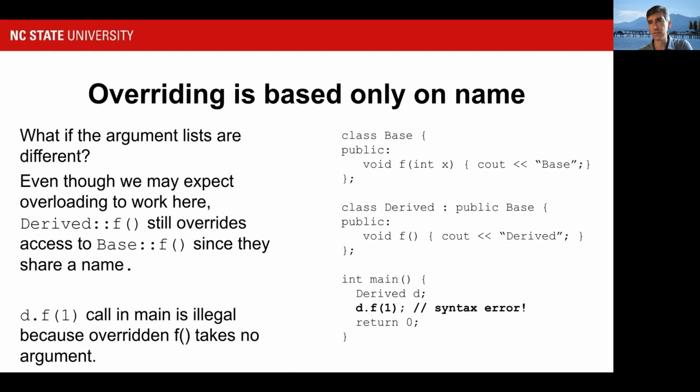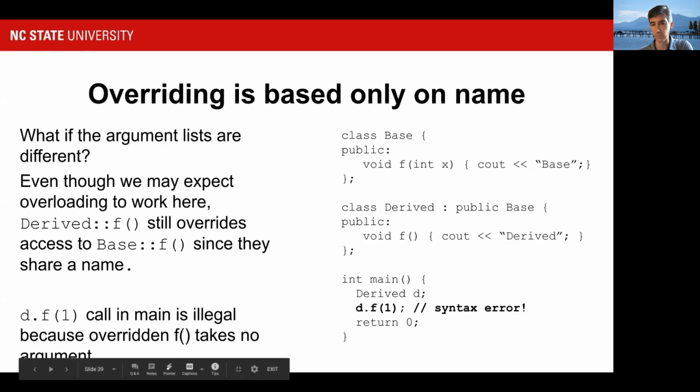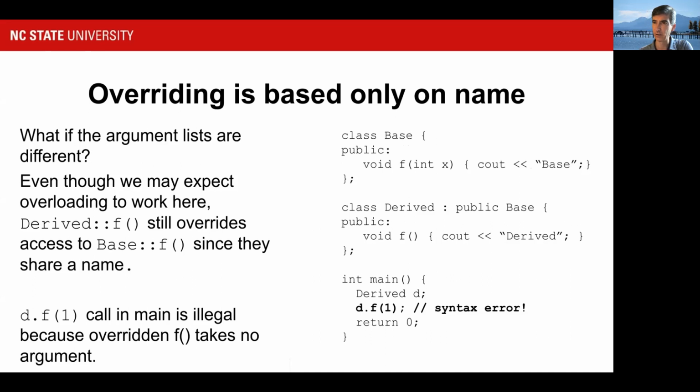Now, what if the function argument lists are actually different? What if in my base class f takes an integer argument, and in my derived class it takes no argument, and then down here in main I try to call f with an integer? Because these argument lists are different, is it kind of like function overloading, where they're different functions and this f doesn't override the f with an argument?